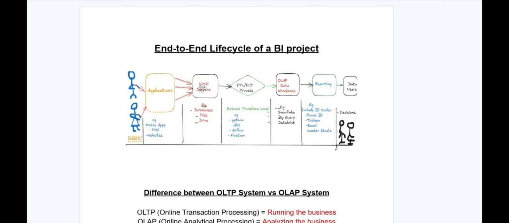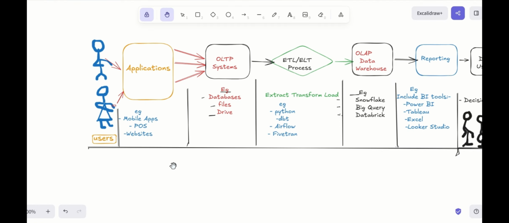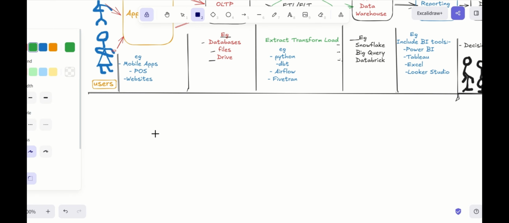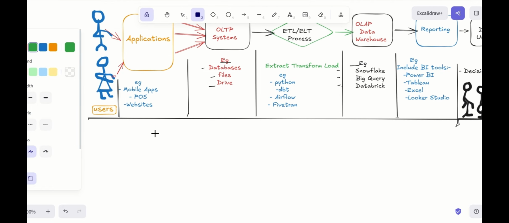So there are differences between the OLTP system and the OLAP system. Let me share the differences between these two systems. Let's start.